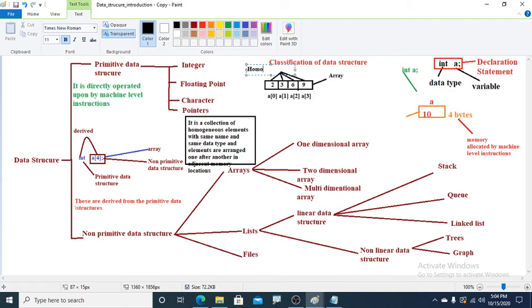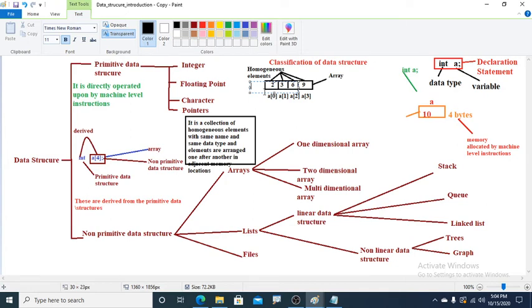So it is a collection of homogeneous elements. That means the same type: 2, 3, 6, 9 are the same integer type. That's why they are homogeneous elements with the same name. What name have we given here? Observe here.